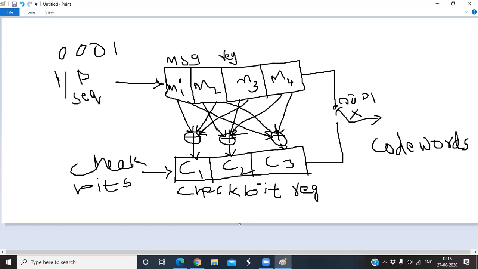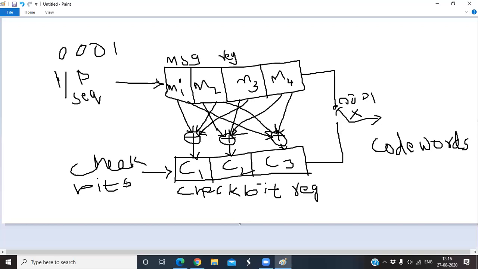Suppose you want to write the theory points for this. First of all, those are also very, very simple. You can write that it has two registers. The lower register contains the check bits C1, C2, C3, and these check bits are obtained from the message bits by modulo 2 operation.